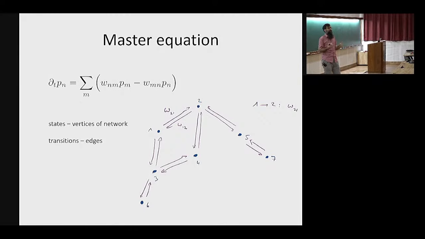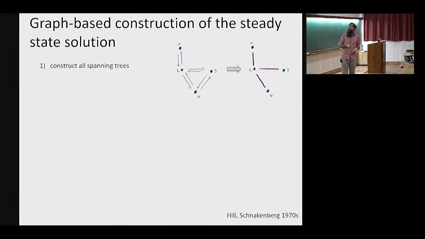So this graph-based method that I'll show you now, this is not because it's particularly convenient to use that to solve the system. You can just solve it. This is, if you want, a large matrix equation. You can just solve that. But it's a nice constructive way of getting the steady state in this stochastic dynamics. And this is very old.